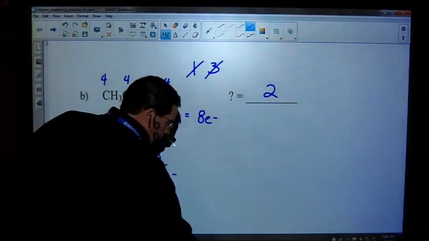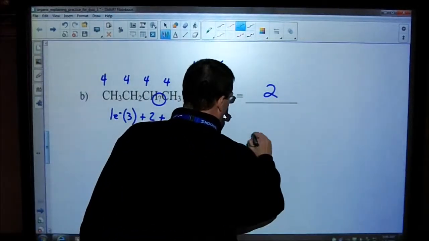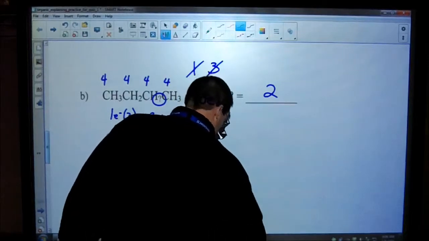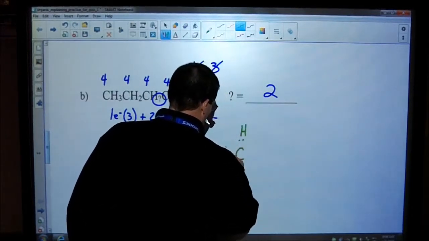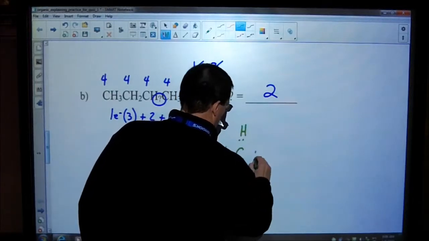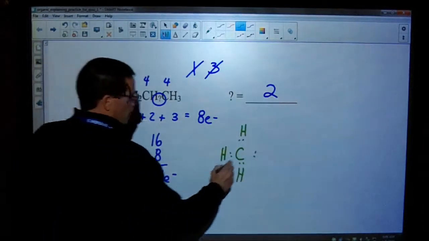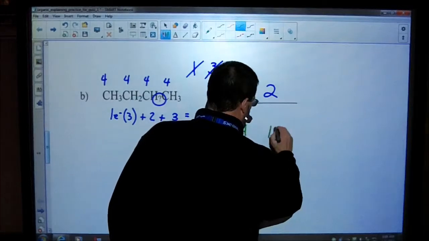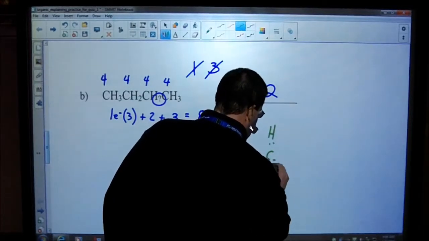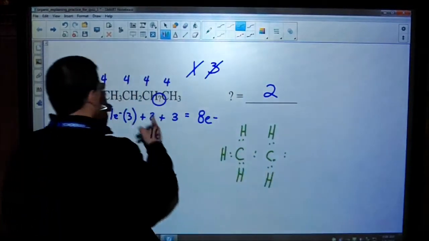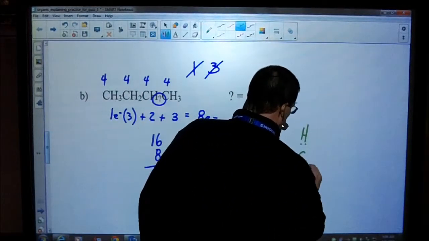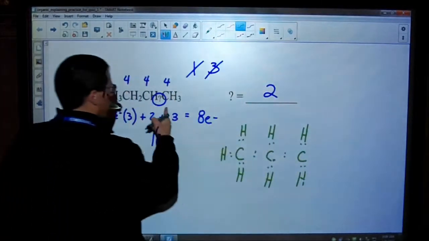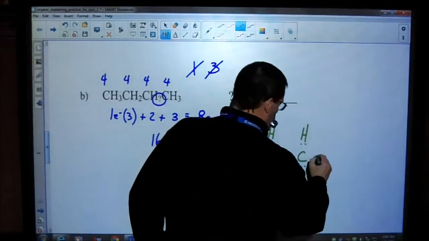And when you draw this out, you'll have your carbon. So there's our CH3. Then we have our carbon with our 2 hydrogens. So there's our CH2. And then if we go with the 2 hydrogens as proposed here, that gives us our 2 there.